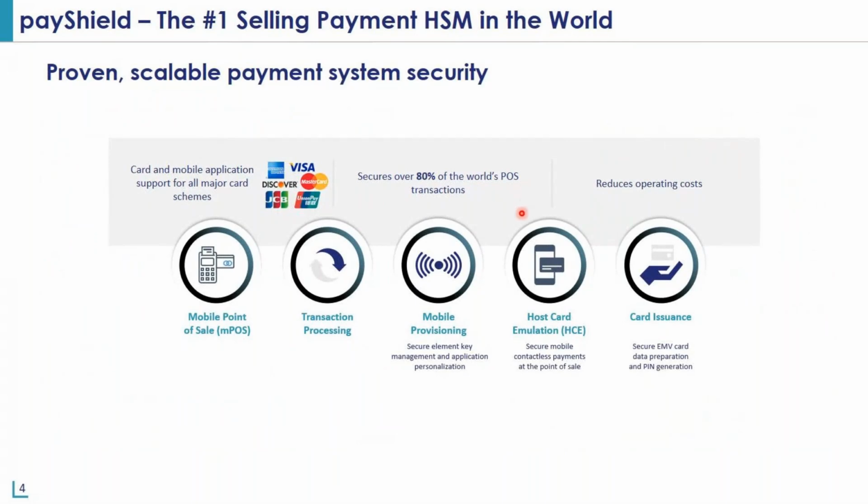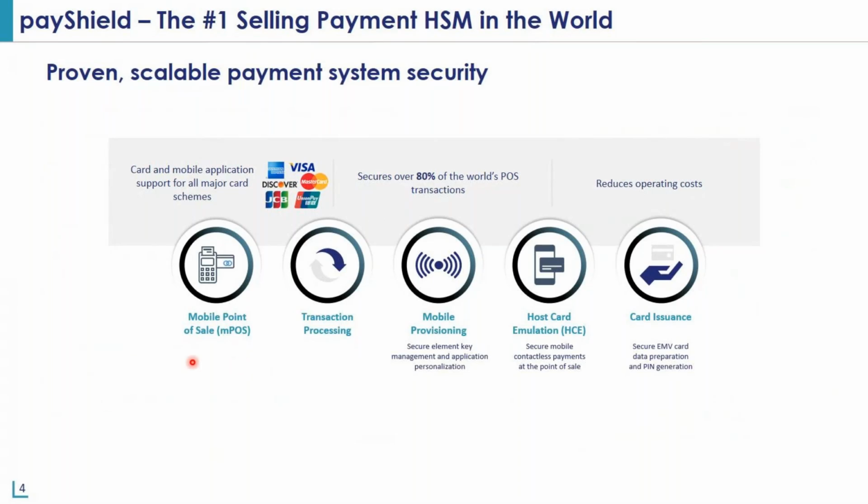In the current world, 80% of the world's point of sale transactions, this is a global number, is currently supported by PayShield 10K. This is how vast the support of PayShield 10K is, how many payment applications are supported by PayShield 10K appliances.